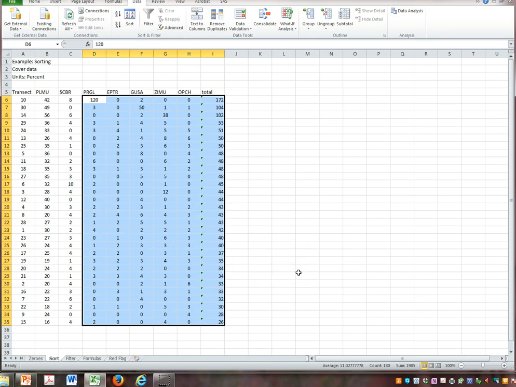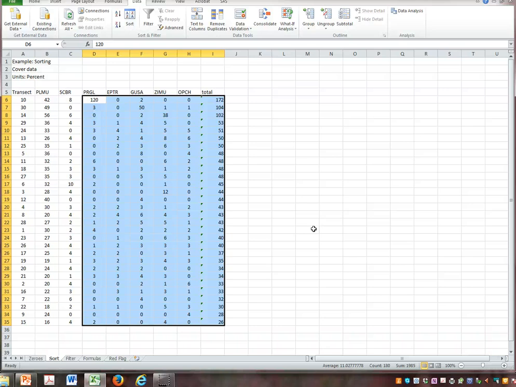Oftentimes, after we've entered our data into a spreadsheet, when we start to manipulate it and hunt for errors, we don't do that on our original data sheet or electronic data sheet.